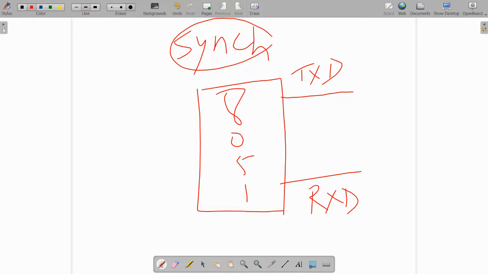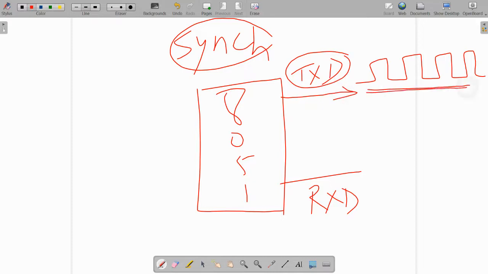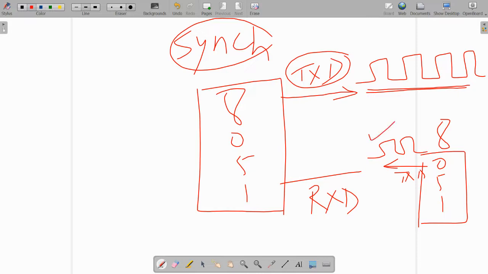So how is the synchronization achieved? The TXD will be used for clock generation. In TXD we were saying that we transmit data, but here that is not the case. Here TXD is used as a clock that will generate the clock. And suppose there is another 8051 and we have to transmit data between the two, so the TXD of the other one will also generate a clock, and this clock should be the same to achieve the synchronous communication.